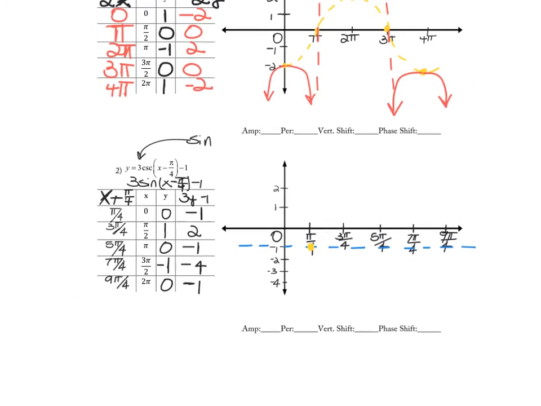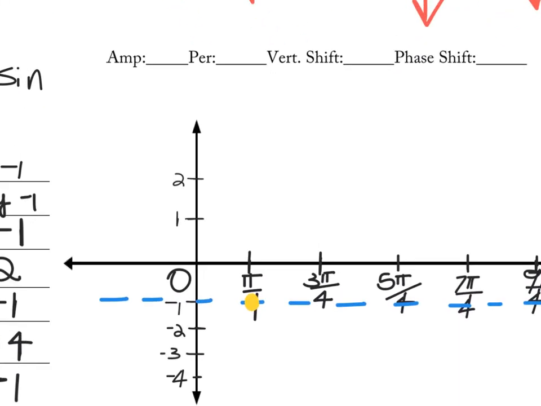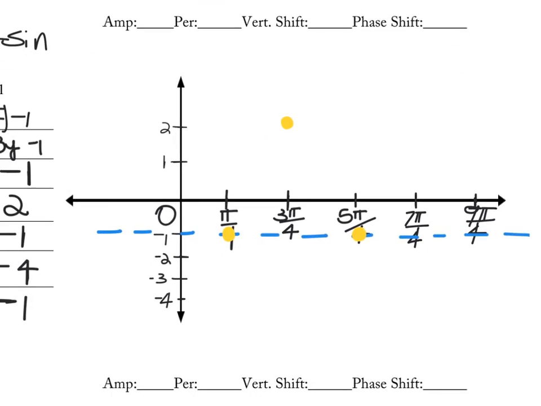That's where one of the vertical asymptotes will be. Okay, next we have 3 pi over 4 going up to 2. Then back down to -1. Next we're going down to -4 and back up to -1. So just to draw this out with the dashes, it looks like this.